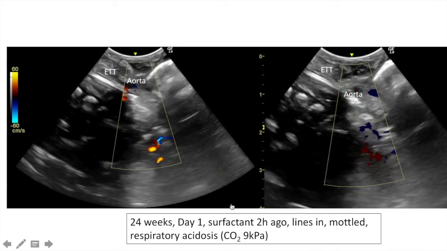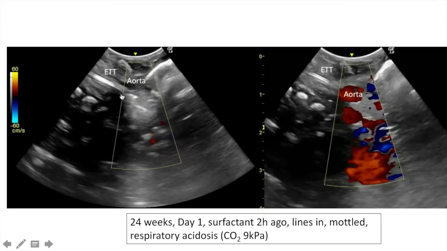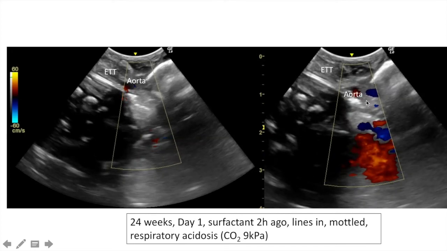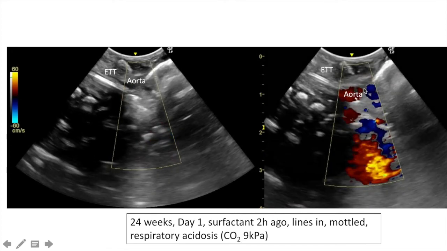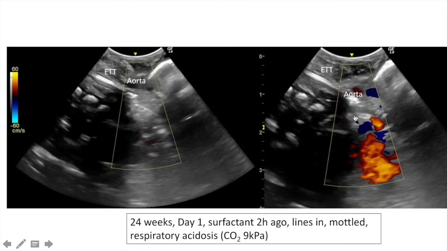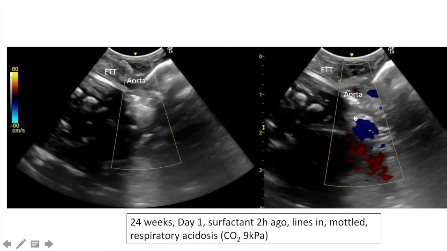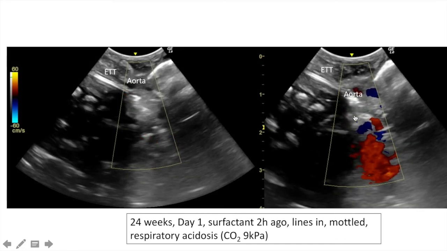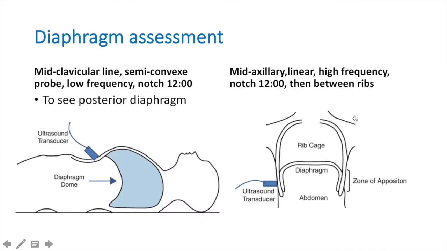And when I checked the ET position, I could see that the tip of the ET tube was at the level of the aorta, meaning it was absolutely far too low. So we pulled the tube by 0.5 centimeter for a total length of 1 centimeter, and the baby immediately improved.